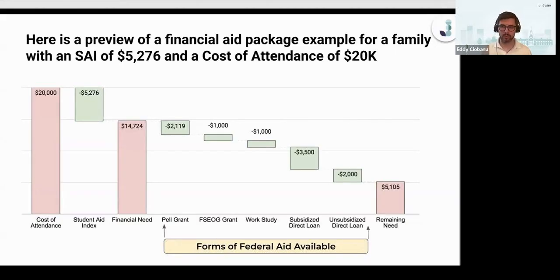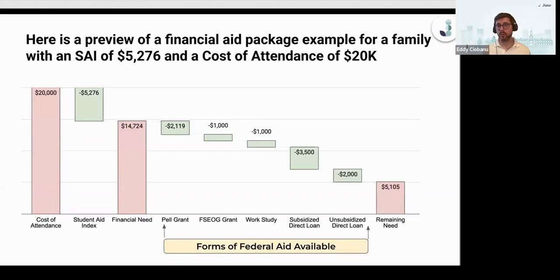This can range anywhere between $1,000 to $4,000 or $5,000 usually. It's an amount that the student is working to help pay for the cost of college. Those are the grant funding sources and work. So work is not technically free. A student has to have a campus job for that, but that gets calculated in the financial aid package.